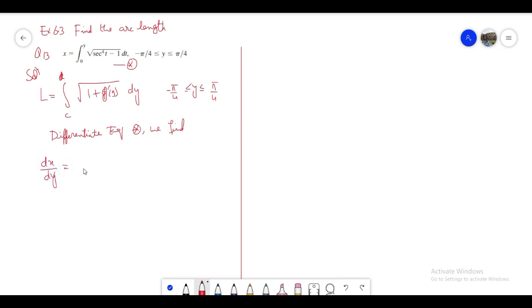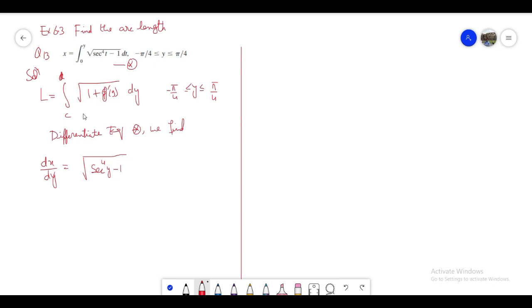So this will basically become secant to power 4 y minus 1.